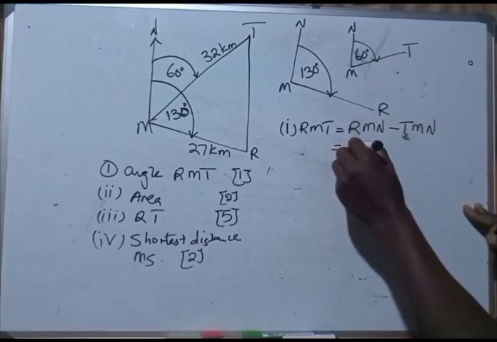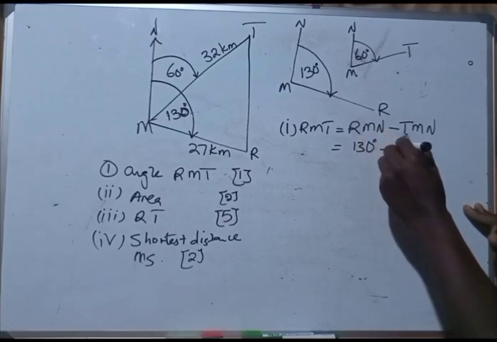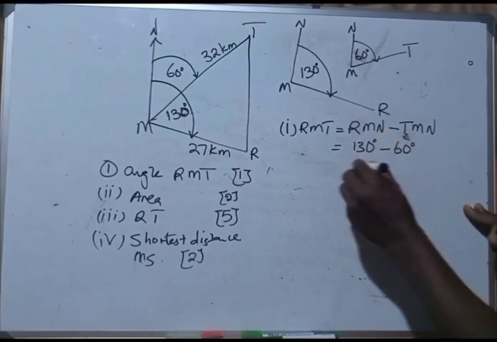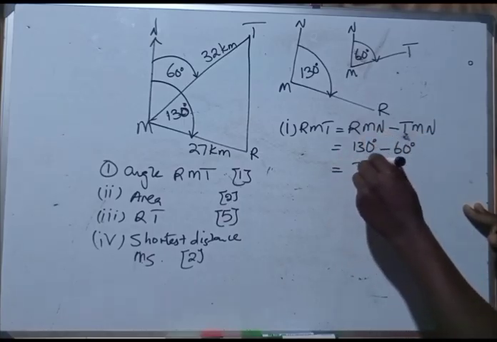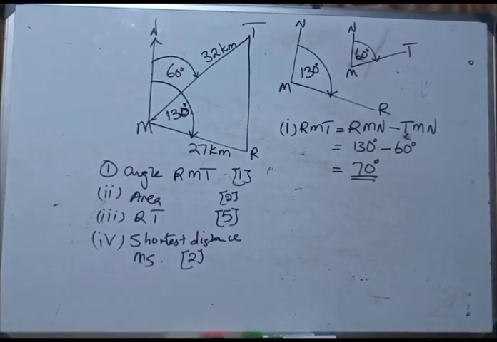So we have 130 degrees minus 60 degrees. And the answer we are getting is 70 degrees. The answer we have found is 70 degrees. Let's go to the next question.